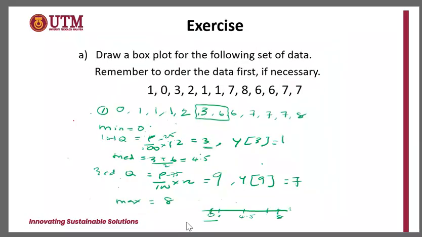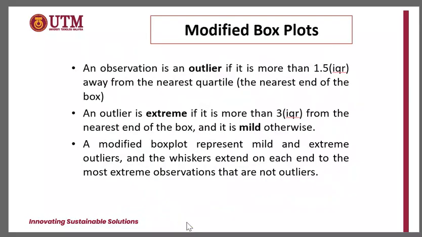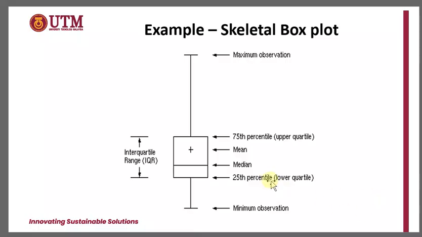Another thing in this previous slide: if you look at this box plot, the mean, the average, is above the median. This happens when we have a maximum outlier.